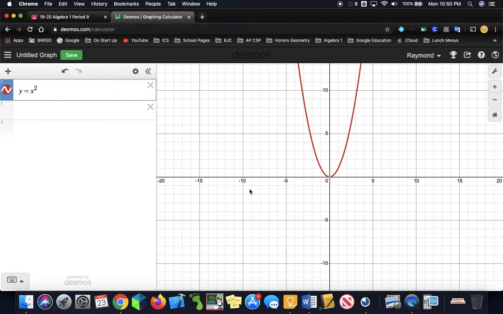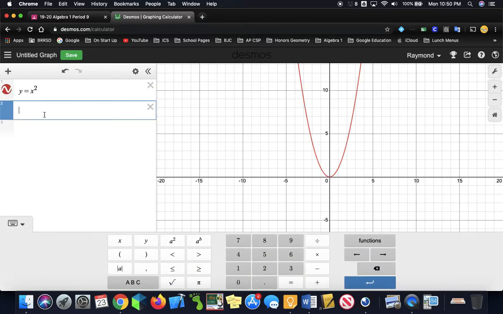So what I want to do is take a look at maybe another equation. Let's just make one up here: y equals 2 times (x minus 3) squared plus 1. Understanding what the value of a does, the value of a is 2.